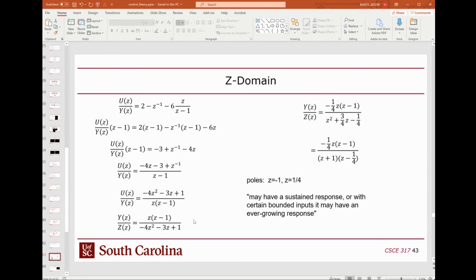So for example, Y of Z times Z to the negative second power in the time domain would be Y of T minus 2 samples ago.